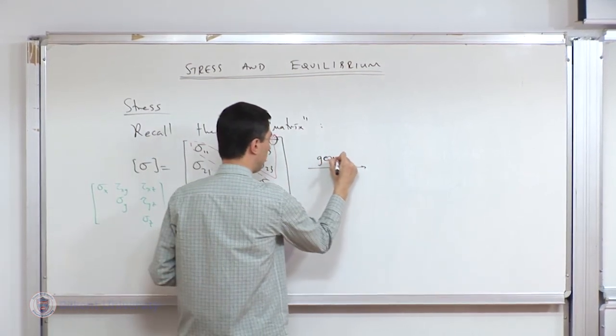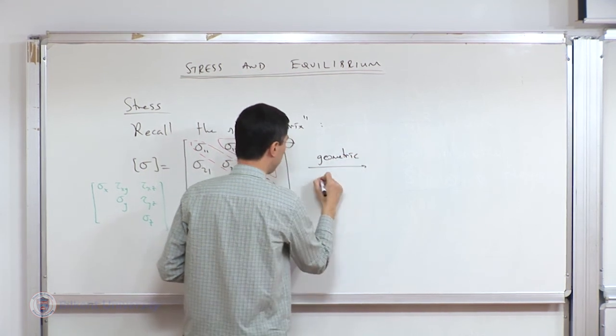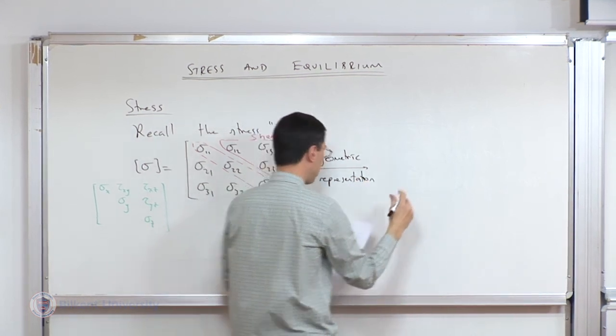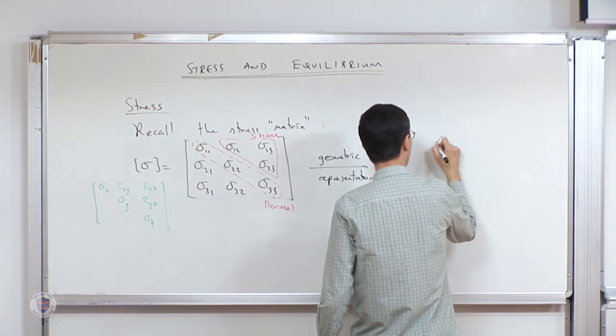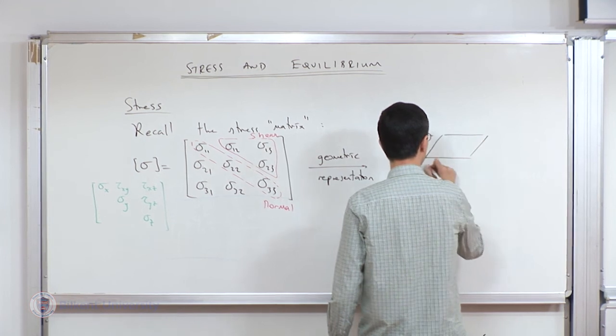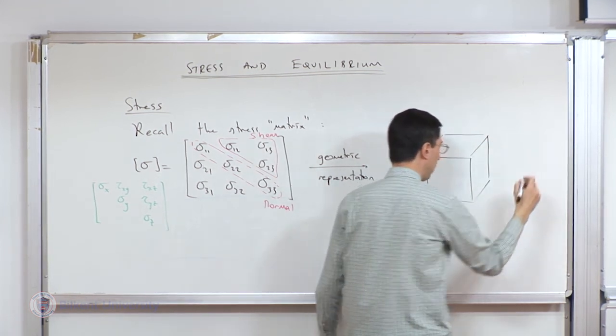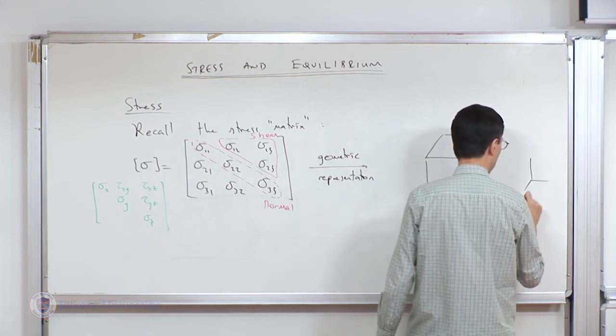So remember, it's defined at a point, but we also had a geometric representation. And for the geometric representation, we imagined a cube. This cube is actually extremely small, infinitesimally small, and it represents what is going on at a point.